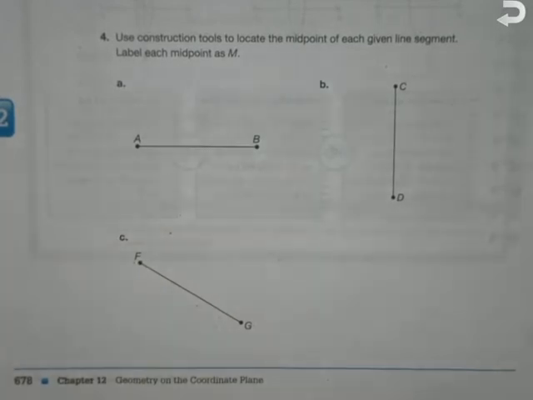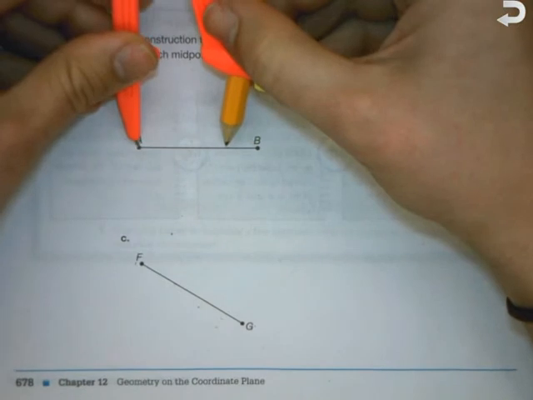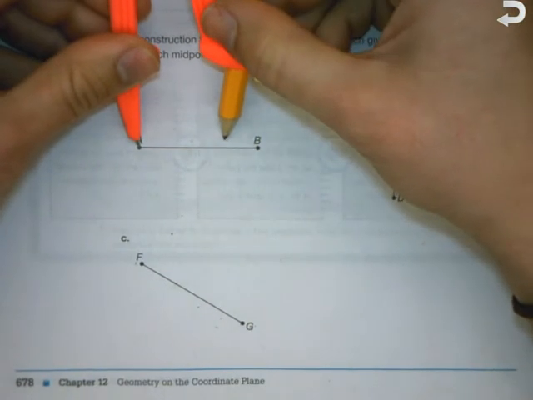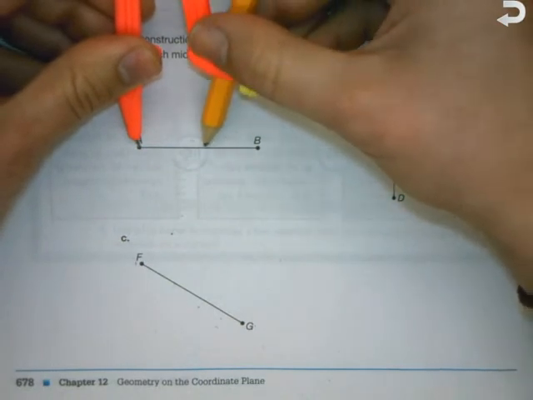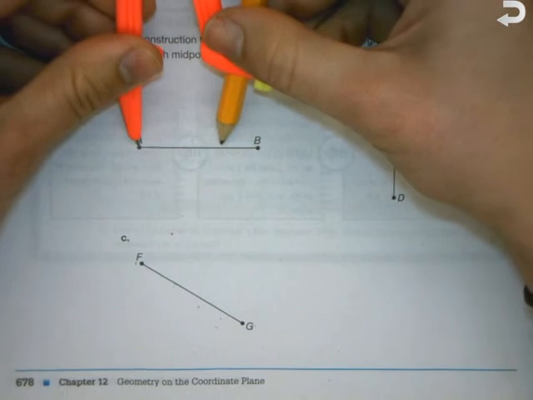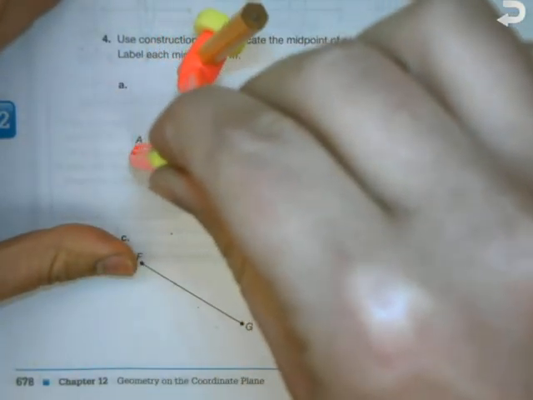Yes. Okay, so let's set our compass on point A. Open it so that it's somewhere greater than halfway. So it can be like almost all the way to B. It can be really close to halfway. I usually go somewhere in between, but it needs to be greater than halfway. It doesn't matter, because we just need it to be bigger than half so that our two arcs will intersect.